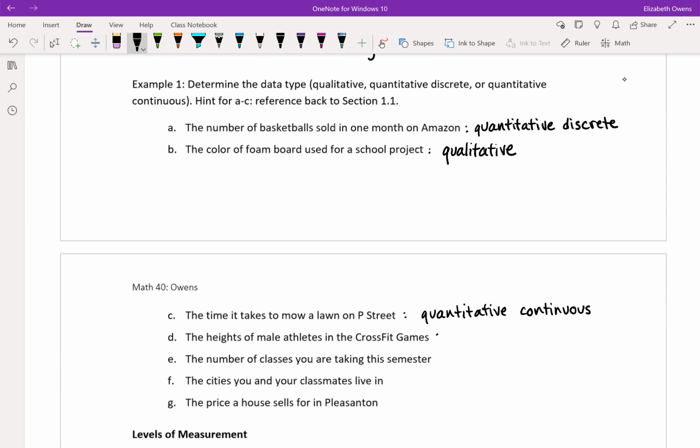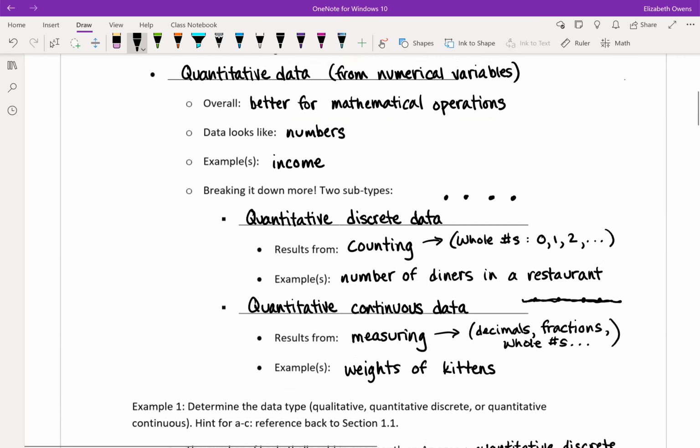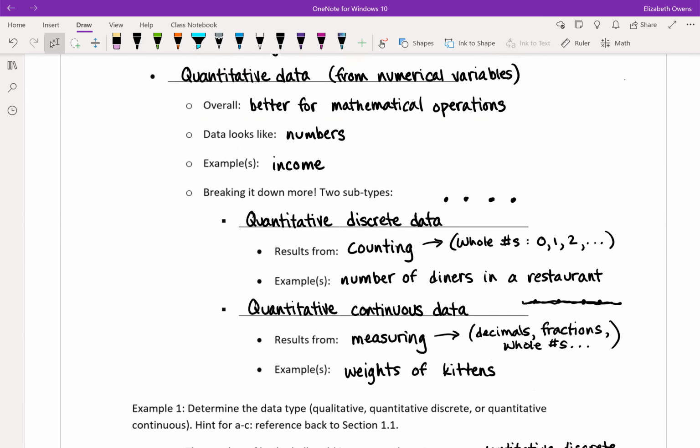Okay, next. The heights of male athletes in the CrossFit Games, which I watched recently. Here, we are going to get numbers. We're not going to just categorize them based on words. So we are looking at quantitative data. And would we count or measure their height?